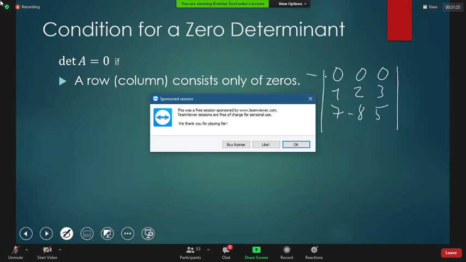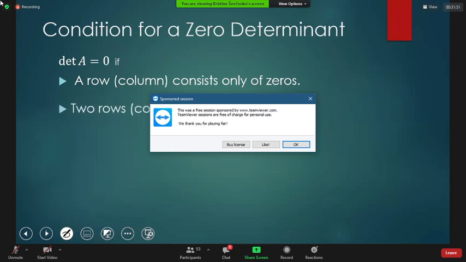I just expand through the first row. I have 0 times minor, minus 0 times minor, plus 0 times minor. Of course, it's 0, because if I expand it through this zero row, then all terms, all products will be zeros. That would be one possibility.